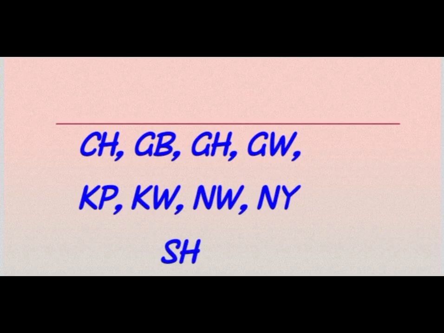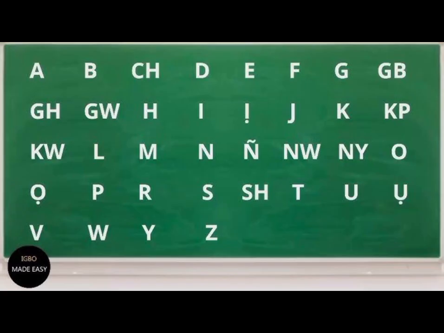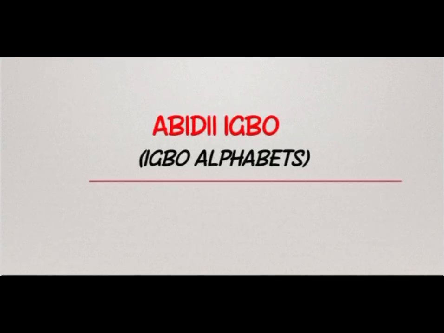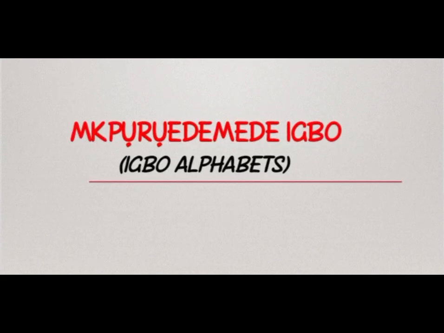Very unique letters. Now let us say the Igbo alphabet. Remember, the Igbo alphabet are called Abichi Igbo or Abedi Igbo or Mkpụrụedemede Igbo.